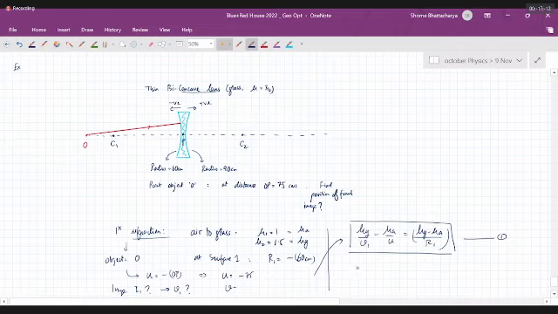On substituting the values, I'll get 1.5 by v1 minus 1 by minus 75 is equal to 1.5 minus 1 by minus 60. Right, so let's see what this gives us. 3 by 2 v1 plus 1 by 75 is equal to minus 1 by 120.